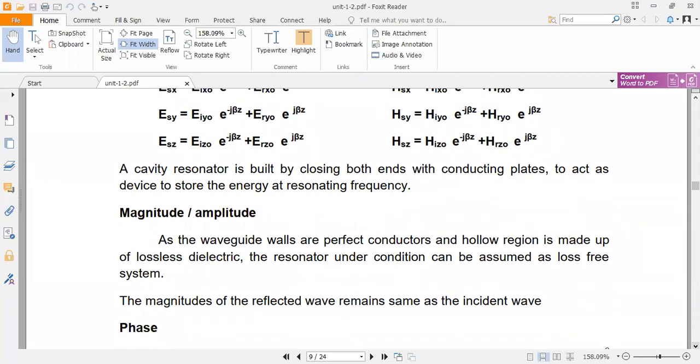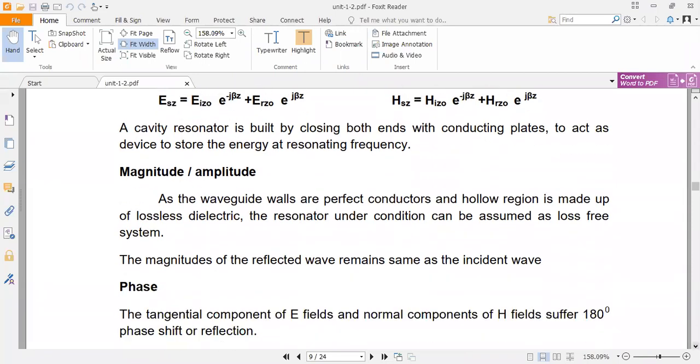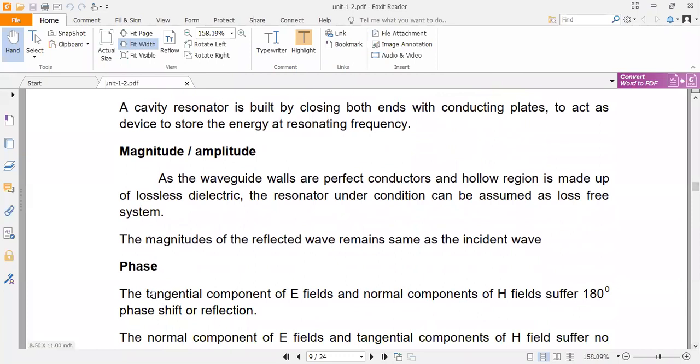You are going to get maximum output. But here, these 2 points are very, very important. If you take the waveguide, the tangential component of electric fields and the normal component of magnetic fields suffer a 180 degrees phase shift. Remember this point. The most important point in this derivation is this point only.